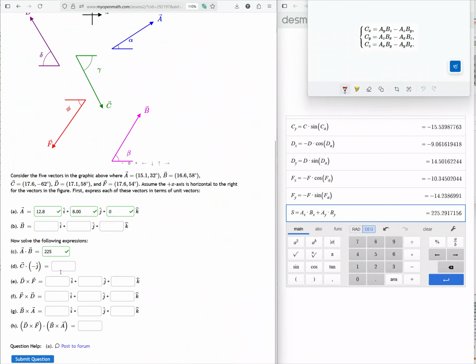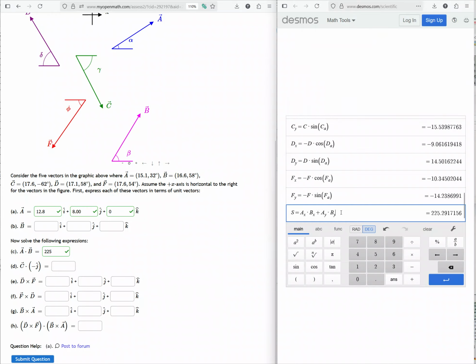So let's say I'm trying to do D cross F. So I'm going to say cross product along the X. That's not, you see, I did it.